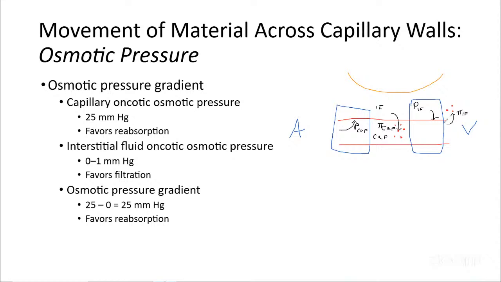So we're not going to have to think about a difference between the arterial end and the venous end here, right? We can just look at the comparison. We've got overall force, 25 versus 0 to maybe up to 1 here. A force that overall favors reabsorption. So this pi cap, this capillary oncotic osmotic pressure, is rather large.